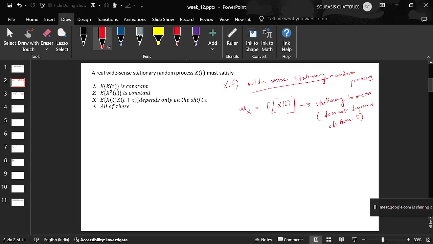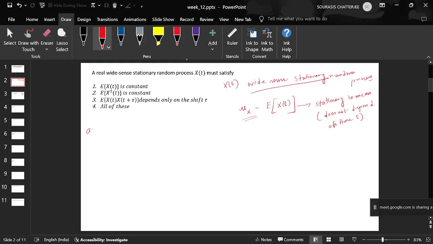So if this mean of the random process, mu x, doesn't depend on the time t, then we can call the random process stationary in mean, but we cannot still call it wide sense stationary, because for that it needs to satisfy more criteria. Just when the expected value of xt turns out to be a stationary value with respect to time t, we call the random process stationary in mean.